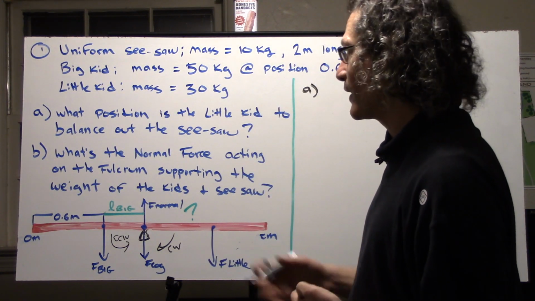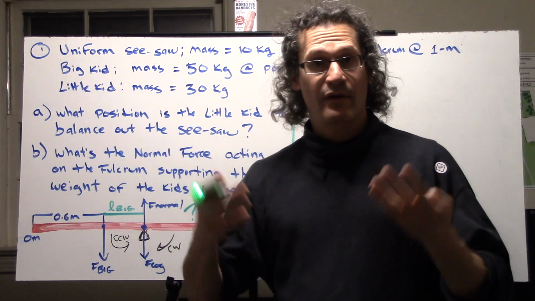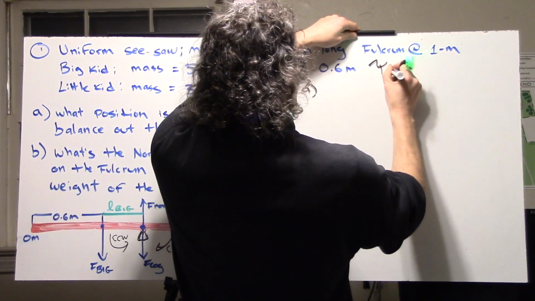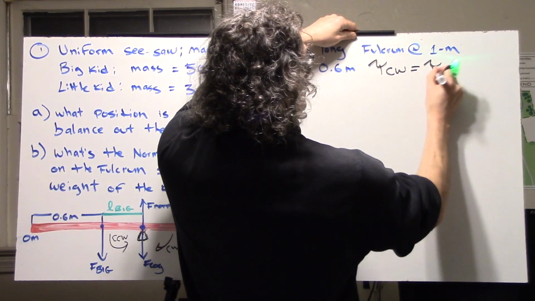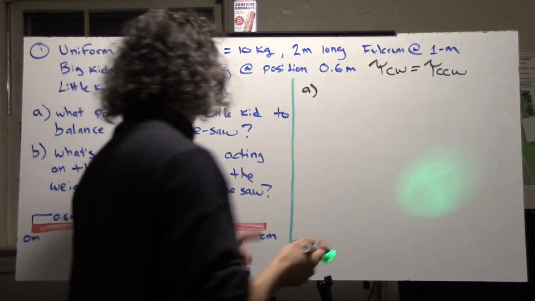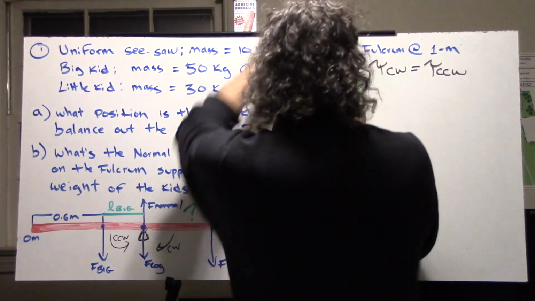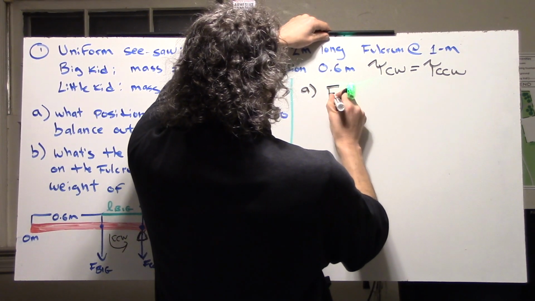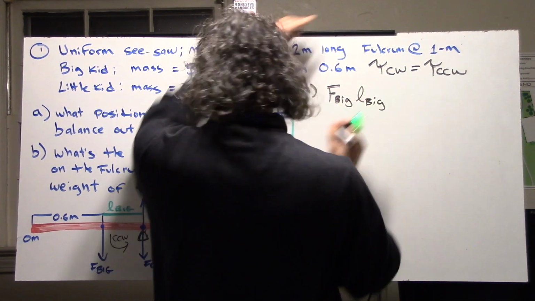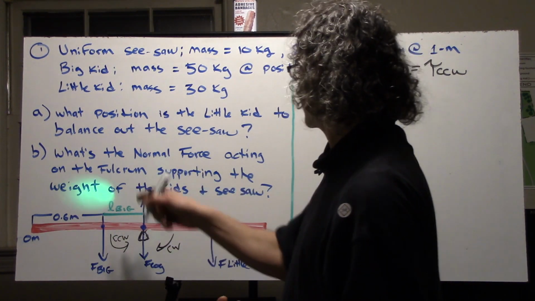So how do we do this? Part A. Well, let's take a look. We'll go with the torques being equal first. So we have the torques clockwise equals torques counterclockwise. Let's go with the torque counterclockwise because we know something about it. We've got force big times lever arm big. That is the only force creating a torque in the counterclockwise direction.